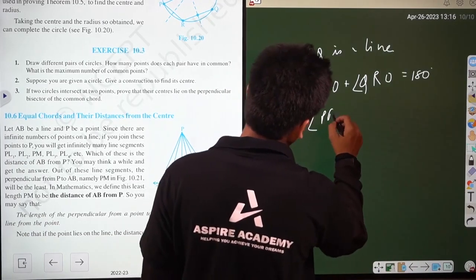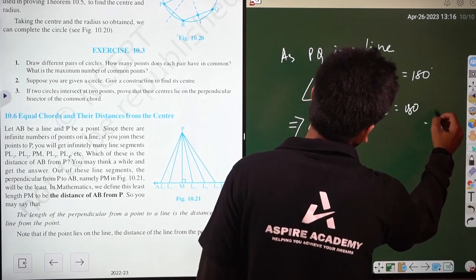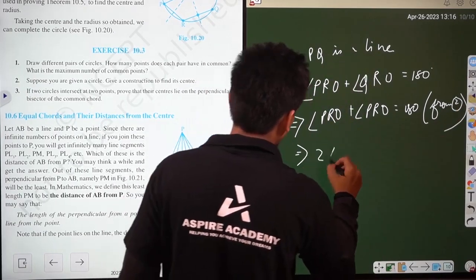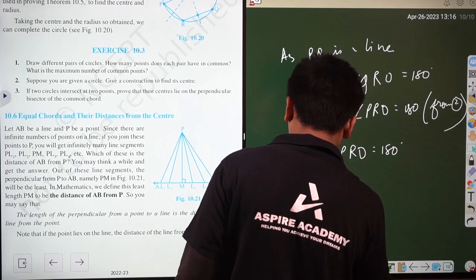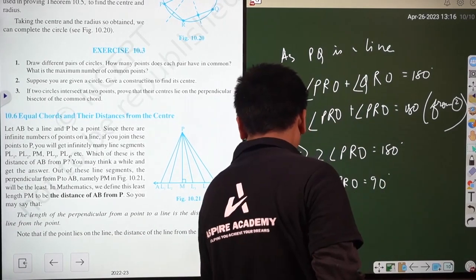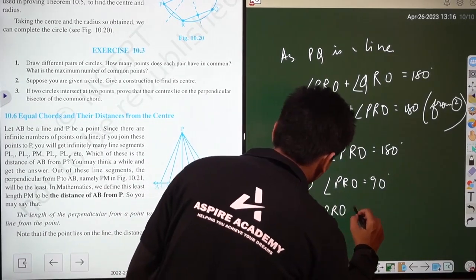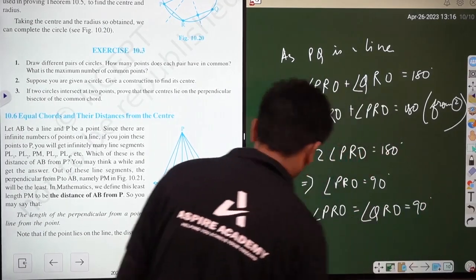So angle PRO plus angle PRO is equal to 180 degrees from equation 2. So which implies twice angle PRO is equal to 180 degrees. So that means angle PRO is equal to 90 degrees. Right? So what we have? So angle PRO is equal to angle QRO is equal to 90 degrees.